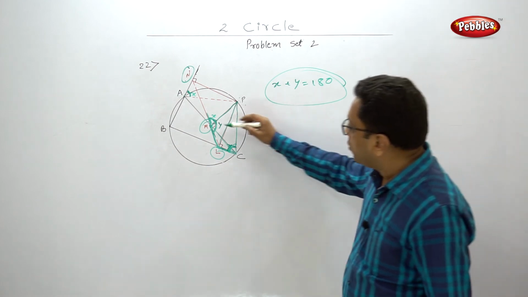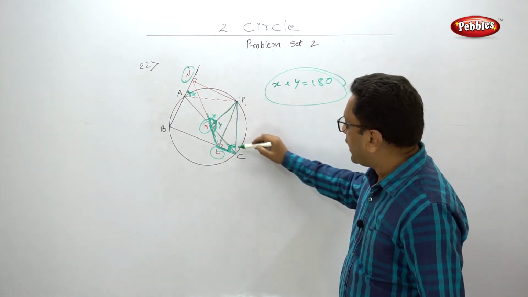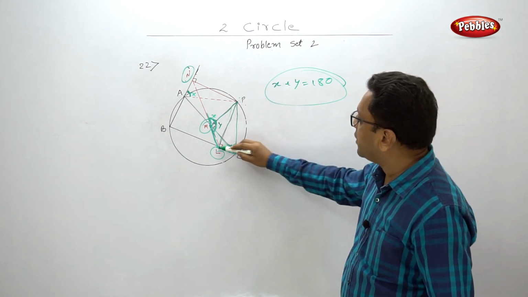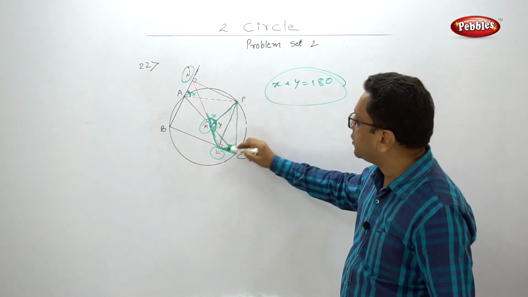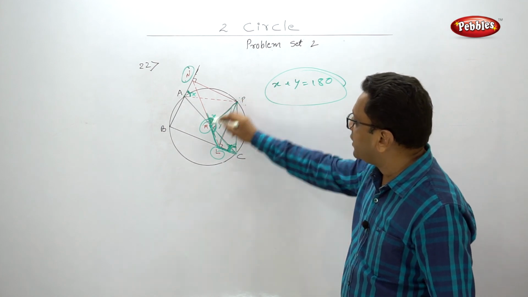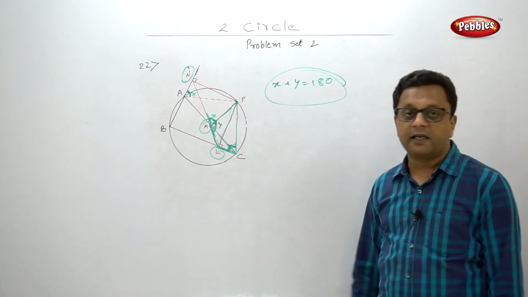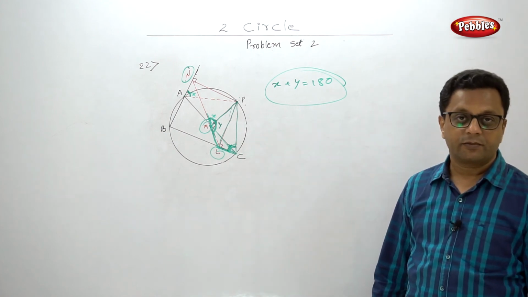Okay, now this angle and this angle are given as 90 degrees, but they are in the same arc. These two angles are in the same arc, so this PMLC is a cyclic quadrilateral, correct?